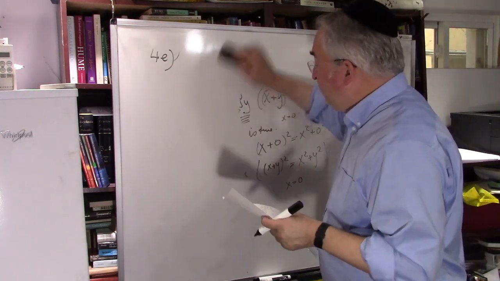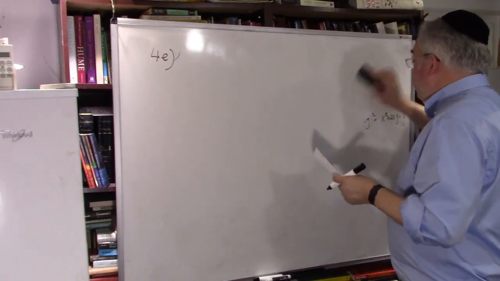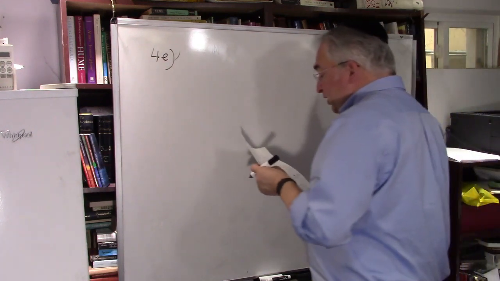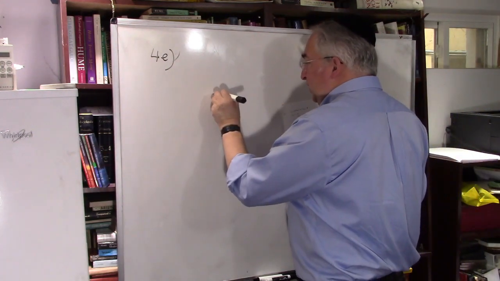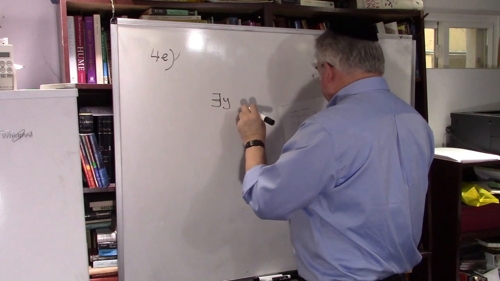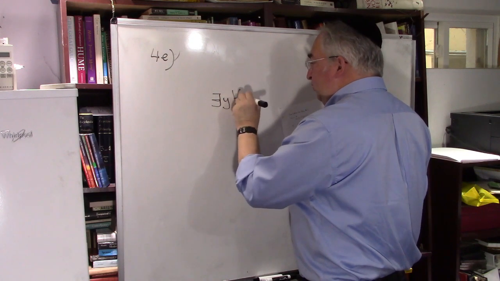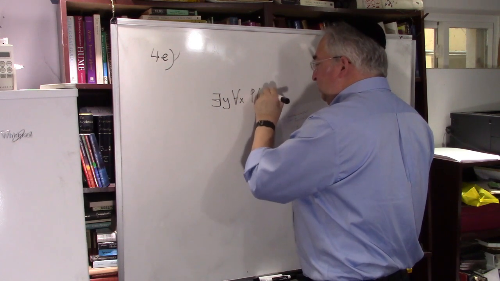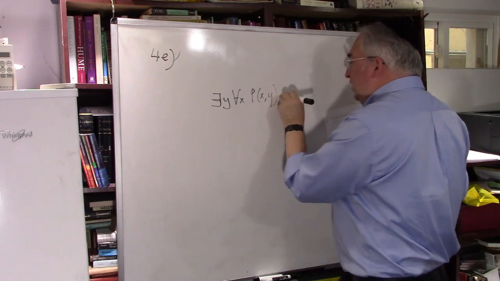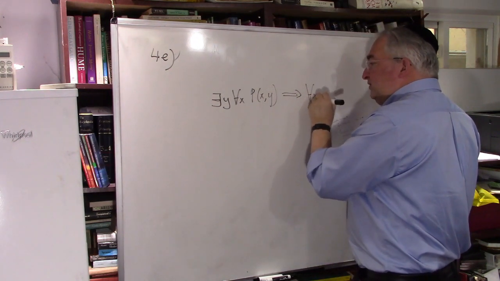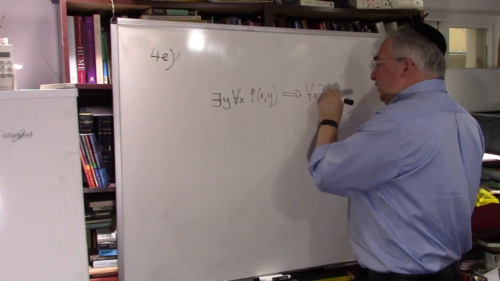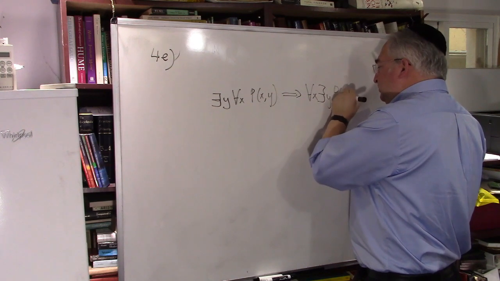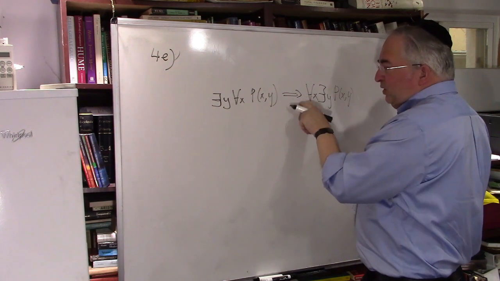In general, and we're going to see this more in the next section, whenever you have there exists a y such that for all x, P(x, y), this implies for all x, there exists a y, P(x, y). This goes one way.